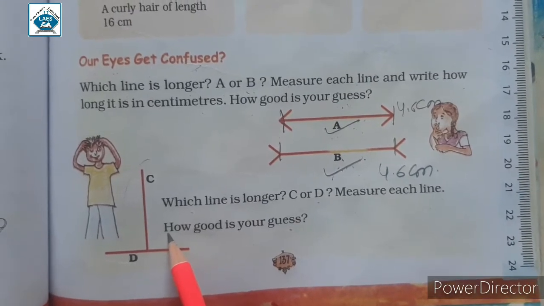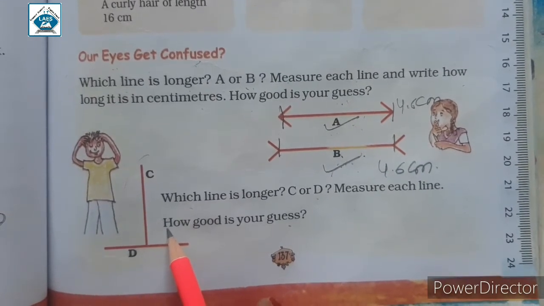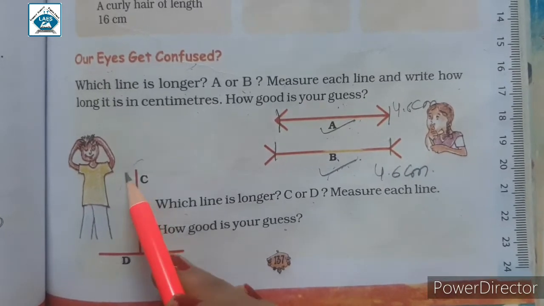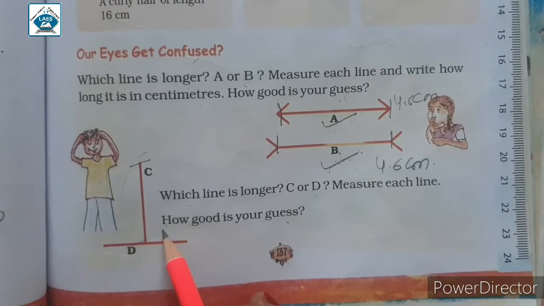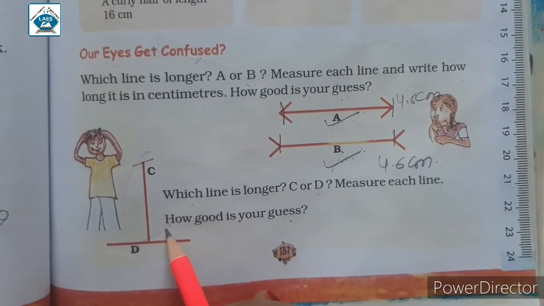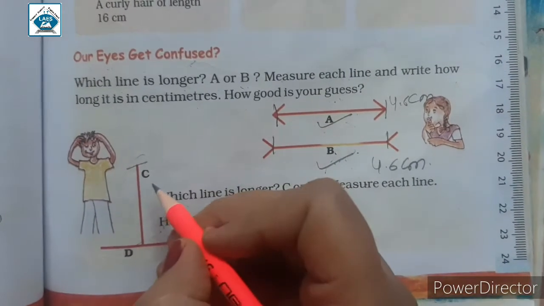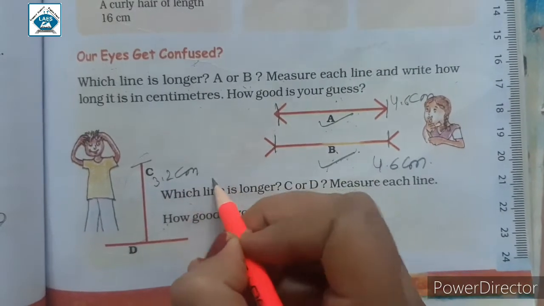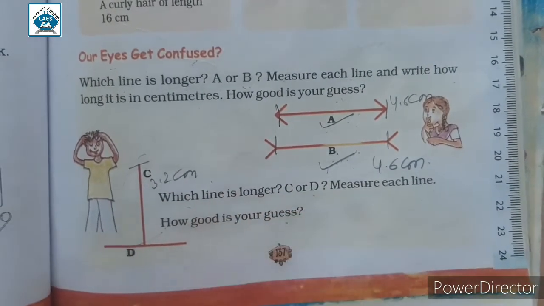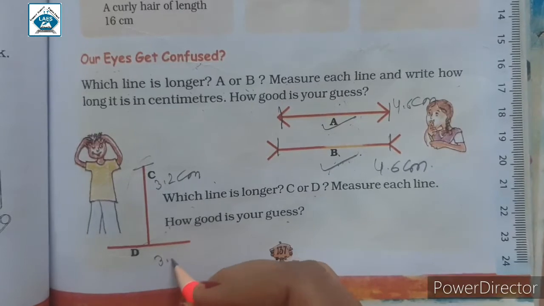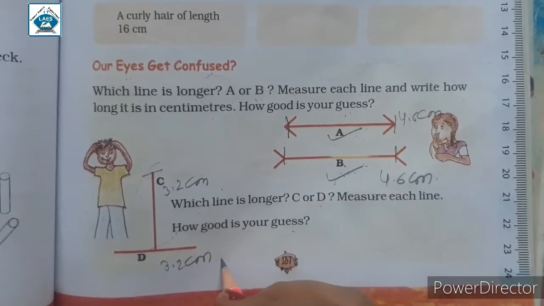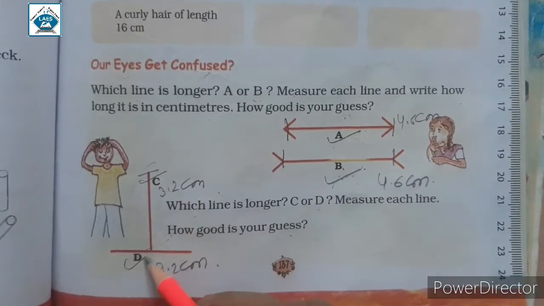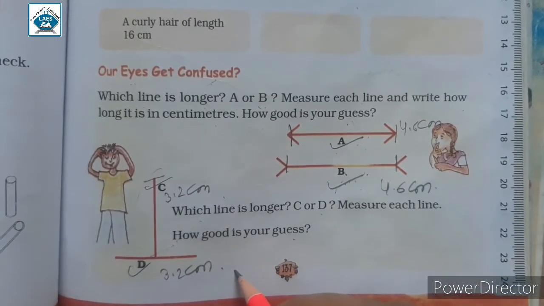Now we have to measure it, and these are the end points of line C. I measured it and found that it was 3.2 centimeter and D was also 3.2 centimeter. So we can say C and D are both equal.